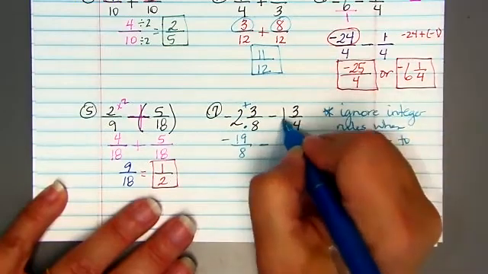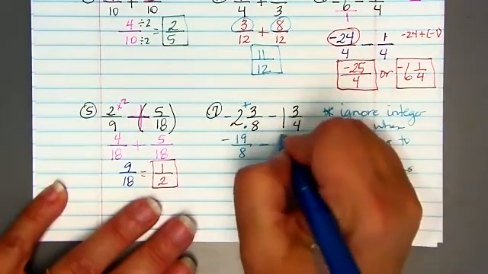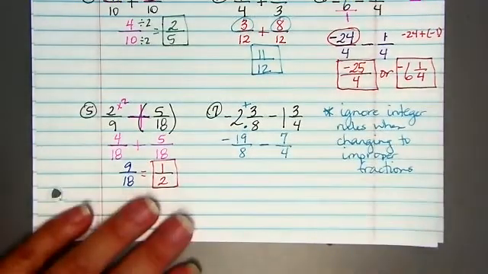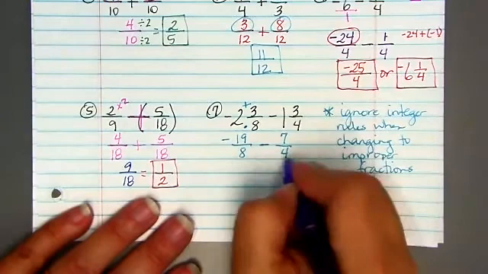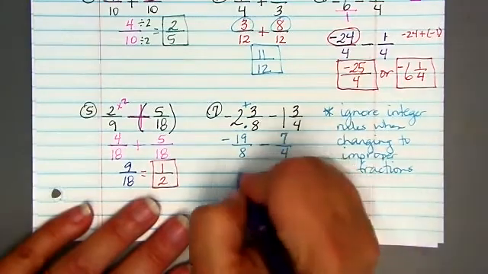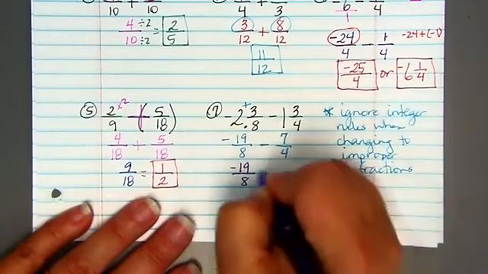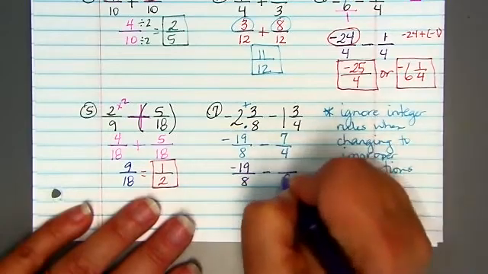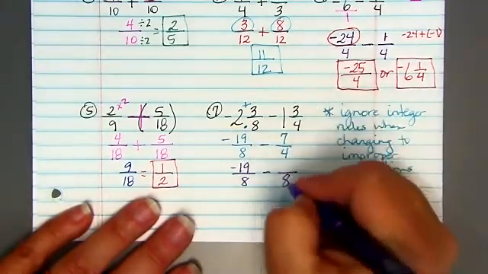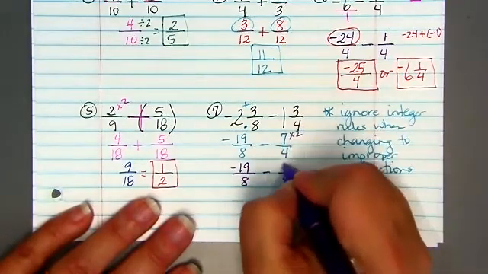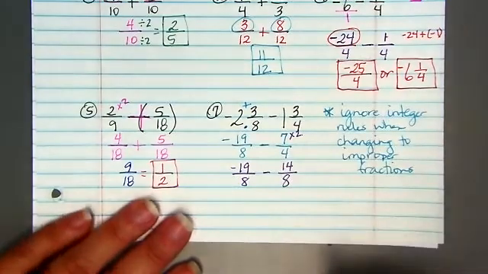4 times 1 is 4, plus 3 is 7/4. Now we need to find a common denominator, which is going to be 8. So this is going to be written the same, negative 19/8 minus, now here, my common denominator is 8. 4 goes into 8 twice, so I'm going to do times 2. So this is going to be minus 14.